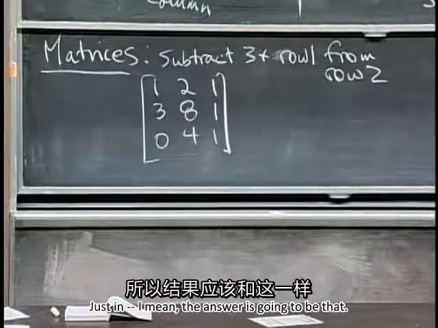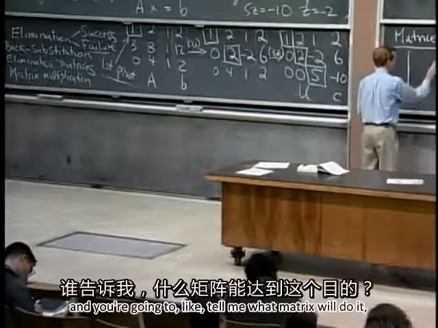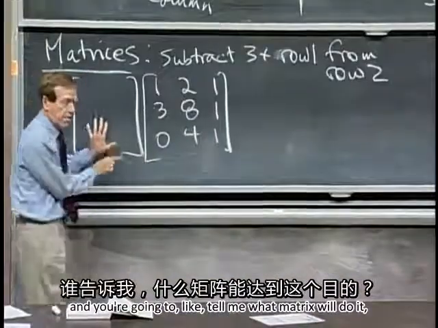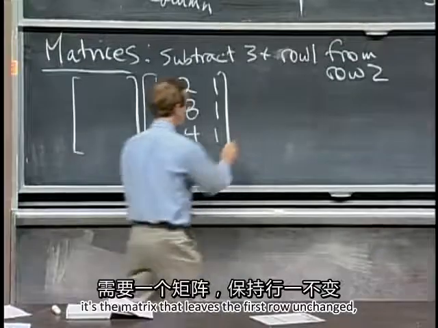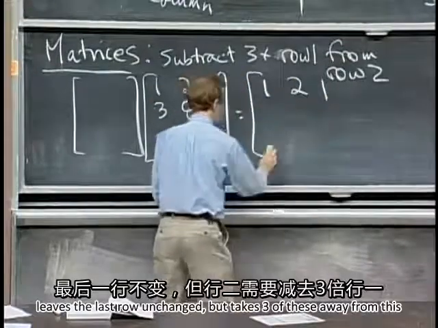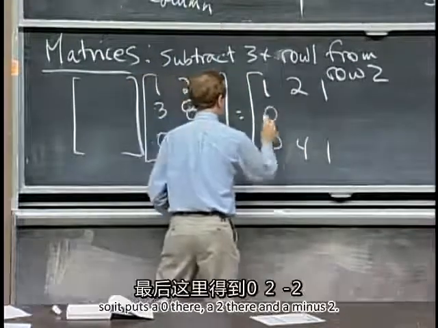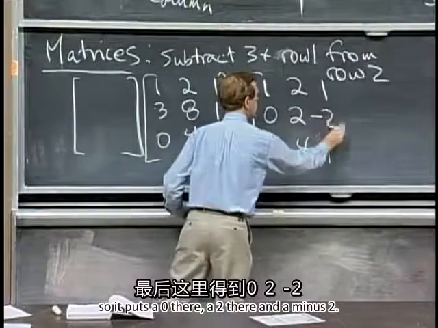Whatever matrix this is, and you're going to tell me what matrix will do it, it leaves the first row unchanged, leaves the last row unchanged, but takes 3 of these away from this, so it puts a 0 there, a 2 there, and a -2.